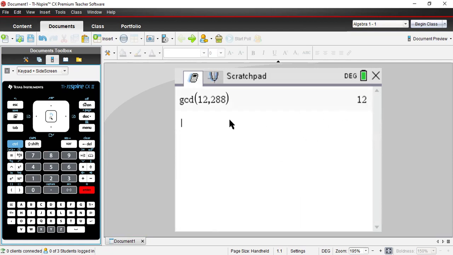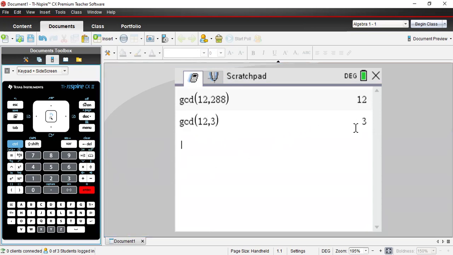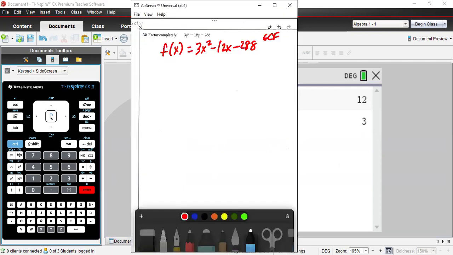Okay, 12 is. Now, since I have one more term, I'm going to copy this and see what we got here. So 3 is the greatest common factor among all these three terms. So if I go to my iPad, I'm going to write the GCF is 3.